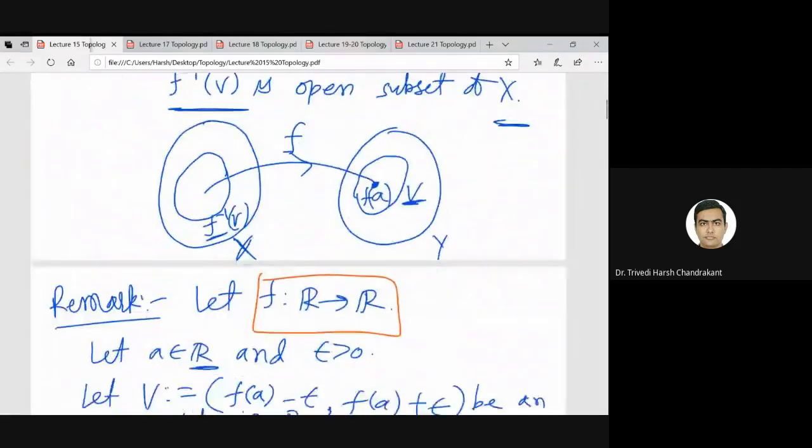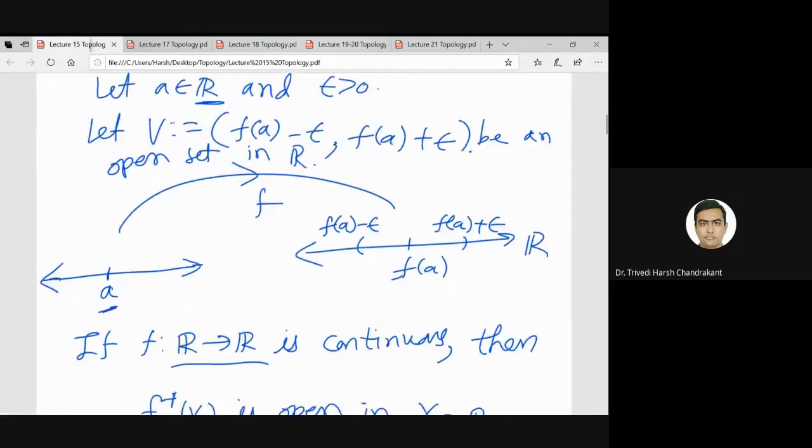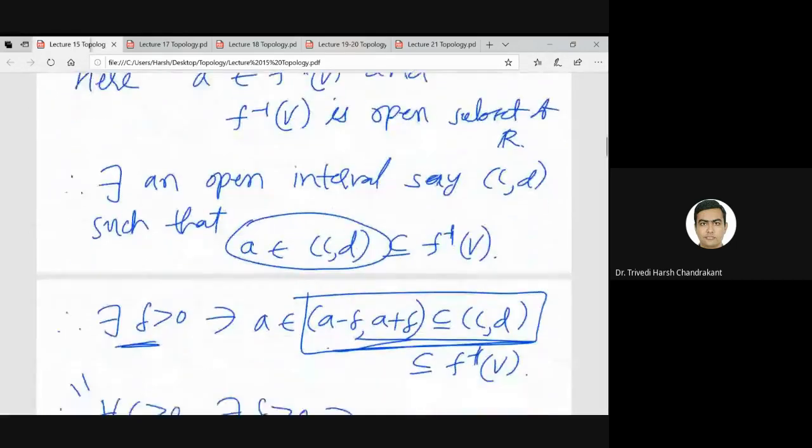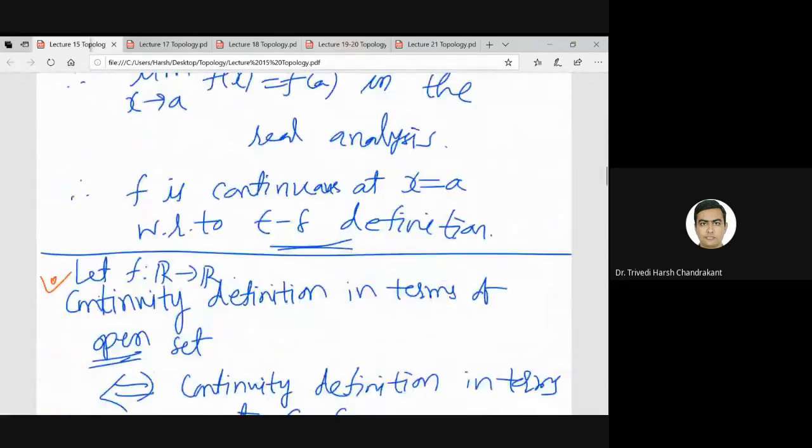And we discussed that this definition is equivalent to the standard epsilon-delta definition of continuity when we consider the domain and codomain to be the real numbers.